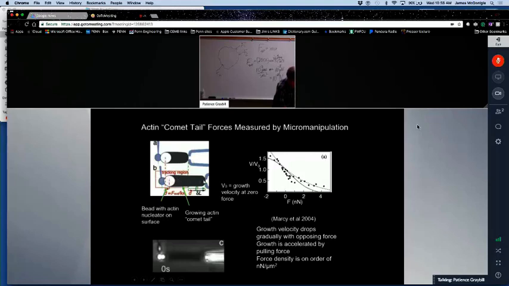And then you can simply watch this tail to see how fast it's growing as a function of time. And then again, you can see the velocity as a function of the opposing force. Now, notice that the force up here is given in nanonewtons. That's because we have many filaments, and we're able to generate forces on the order of nanonewtons per square micron.